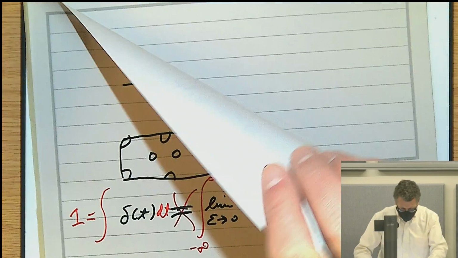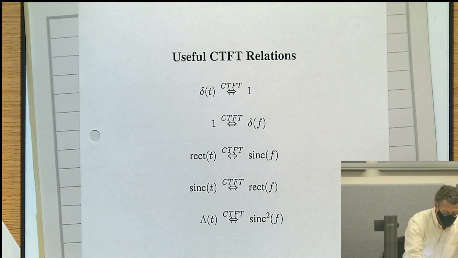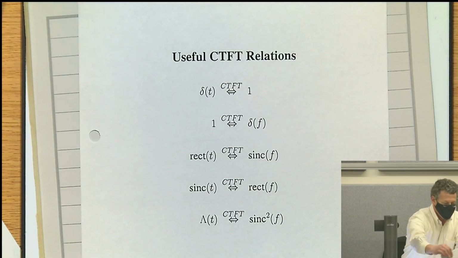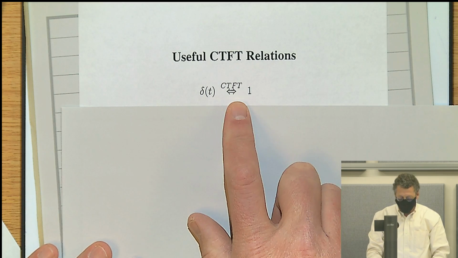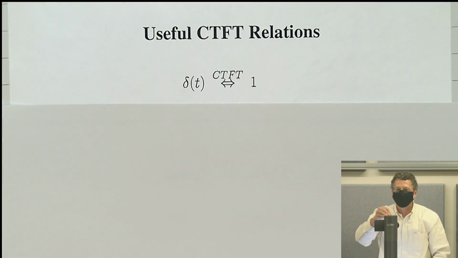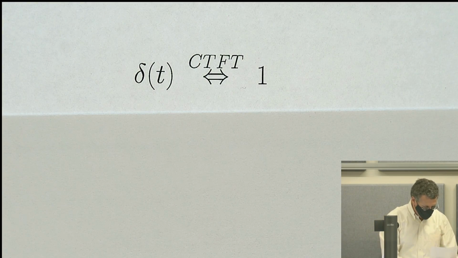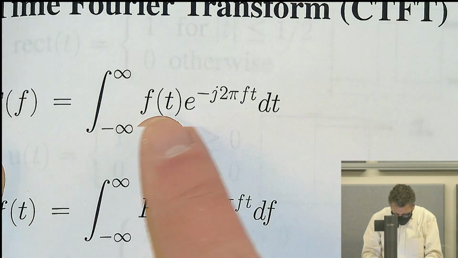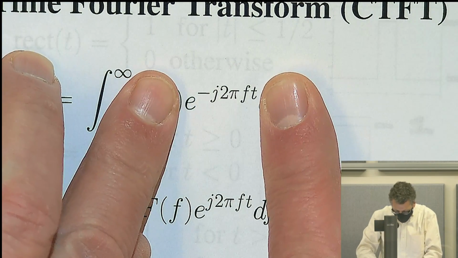Now, useful continuous time Fourier transform relationships. Okay, this is good. So a delta function has a continuous time Fourier transform of 1. That's pretty easy to prove. You just plug it into the continuous time Fourier transform formula, because if you put in a delta t for f, it'll evaluate this thing here at 0.